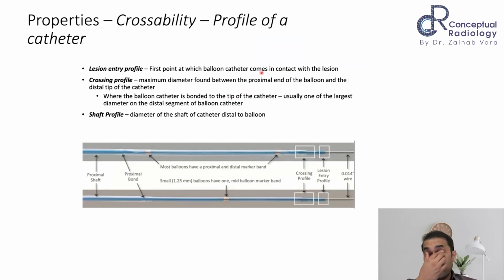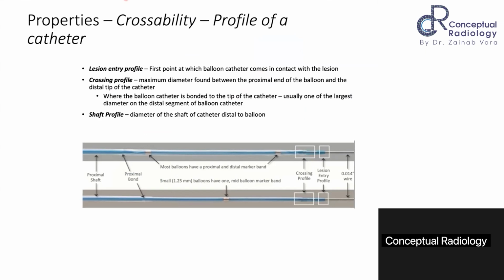After that, there are certain properties of a balloon which you should be aware of and you should think about while you are choosing a balloon for your particular case. So crossability is basically dependent on the profile of the balloon. The lesion entry profile is the initial point of contact between the balloon and the stenosis.